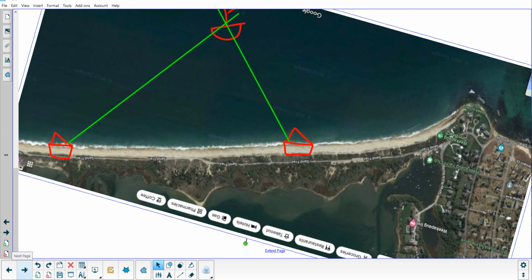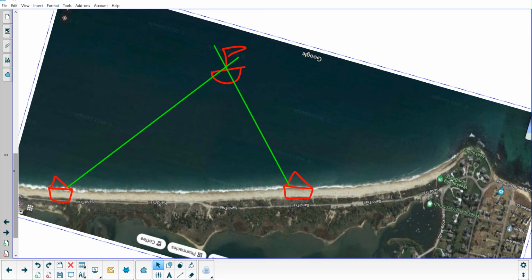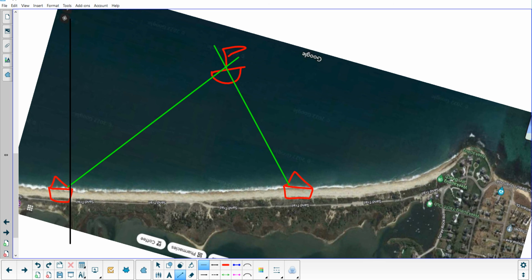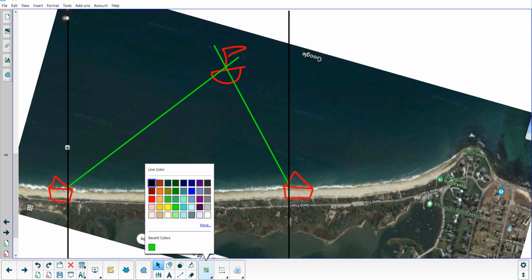On my picture, I want to put in a line that represents north. Just like that, and like that. I want it to be right at the Coast Guard station. Let me make that a little easier to see. Let's try that. That looks good.